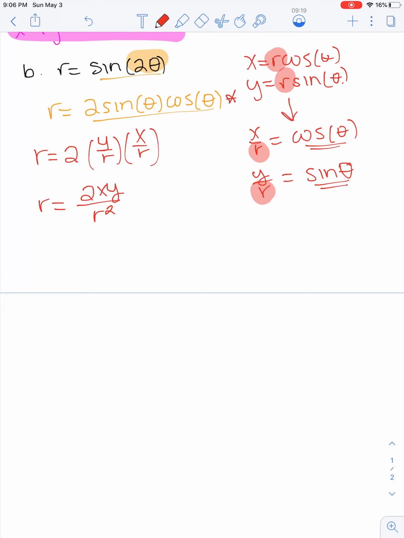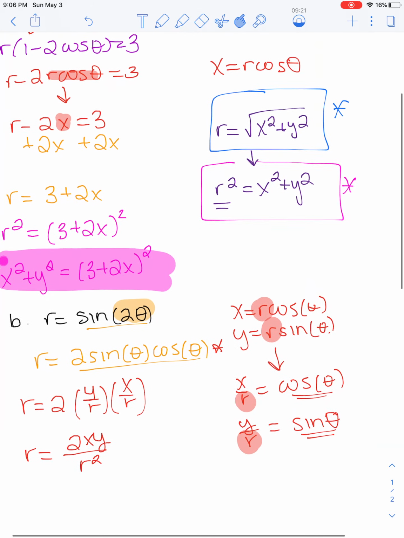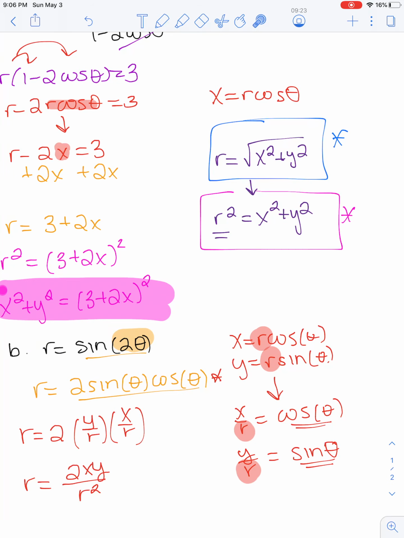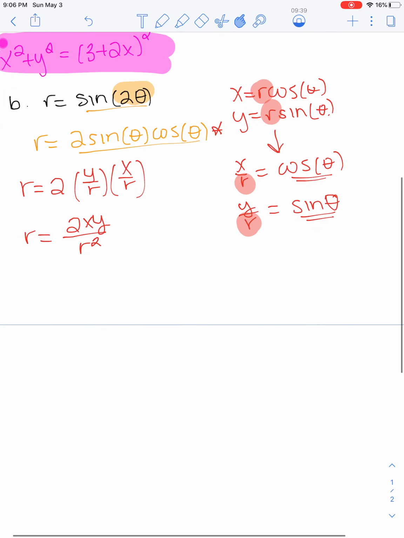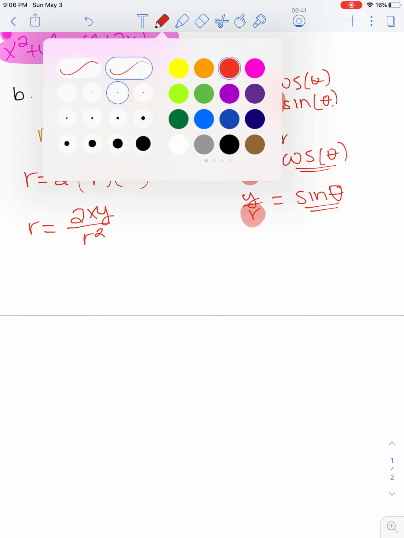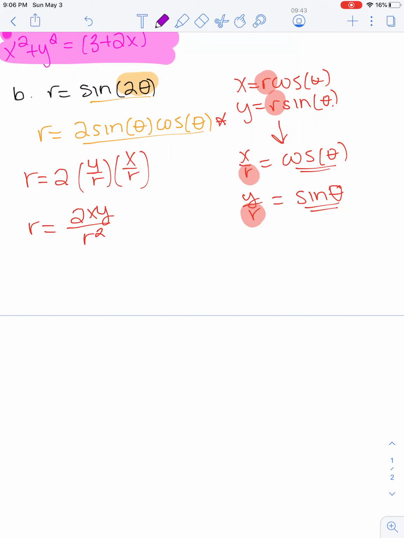We can utilize the relationship that we saw in example A, the fact that r squared is the same thing as x squared plus y squared, and we can use the fact that r is the same thing as the square root of x squared plus y squared. So we're going to go ahead and use those two equations to make a substitution that will take us out of an equation in terms of r, x, and y, and it'll actually just all be in terms of x and y.